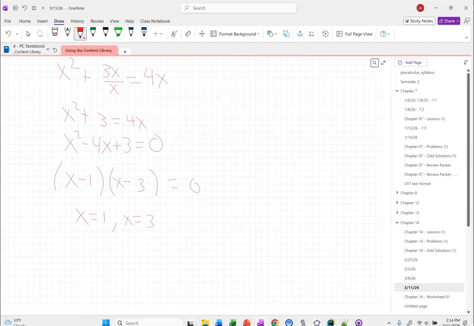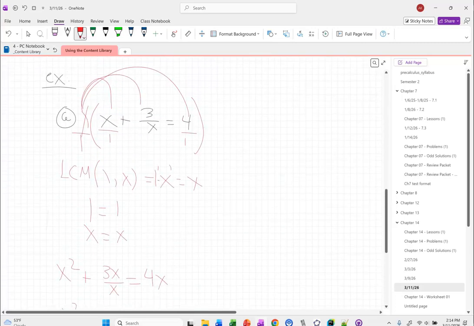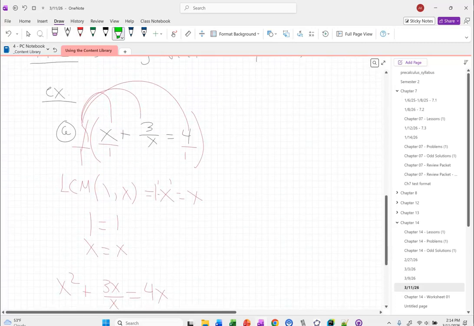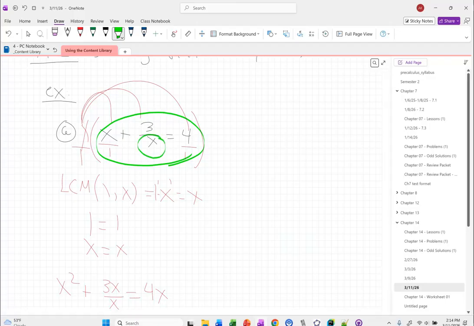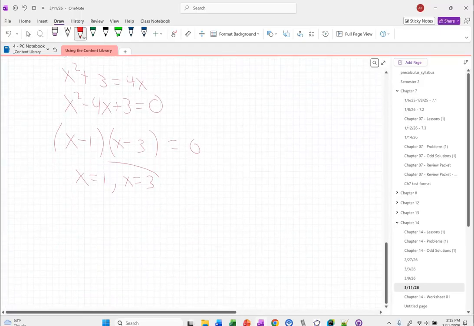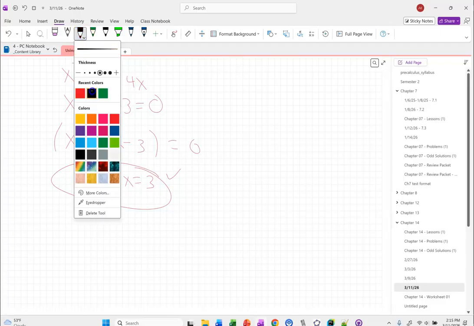I have to go back to the original equation and make sure that if I plug these values in for x, I do not get a zero denominator. If I plug 1 into that denominator, do I get 0? If I plug 3 in, do I get 0? Then they're both good. Done. Let's do another.